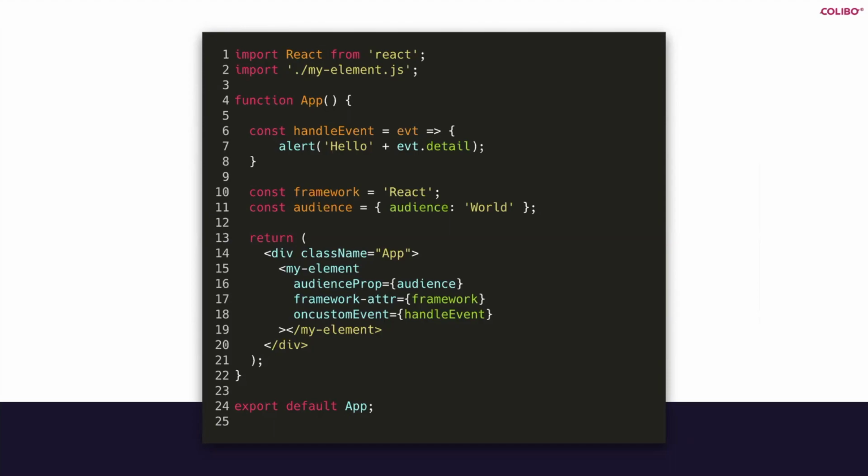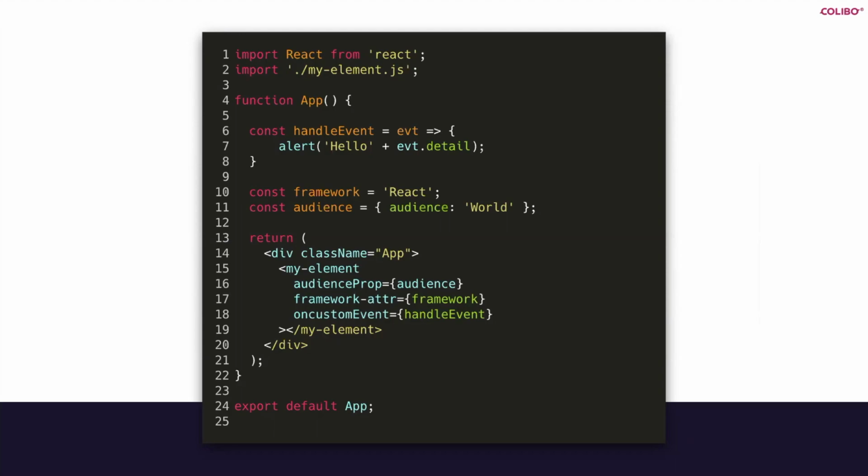So there's no way to actually pass a property to a custom element from inside React in a declarative way. Of course, you can do it imperatively and grab a reference to the element and set the properties yourself. But that's not really the point of this demo. The point of this is really to see how it works just out of the box. So you can't bind properties.